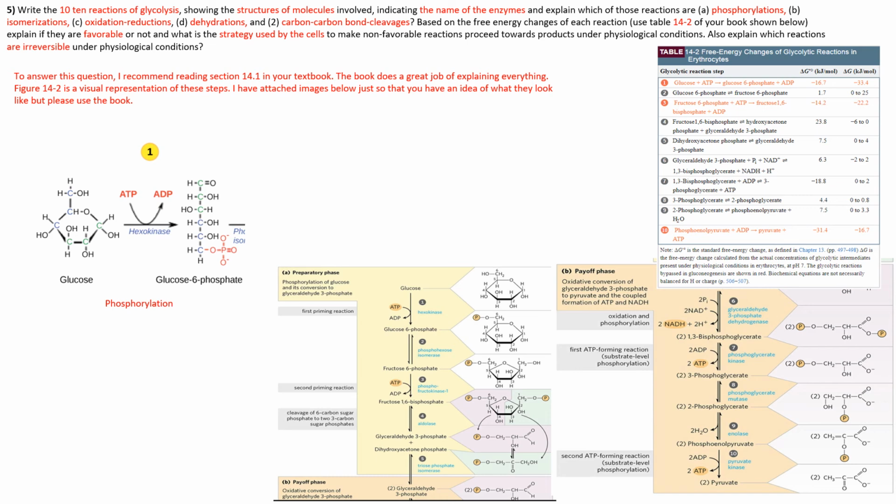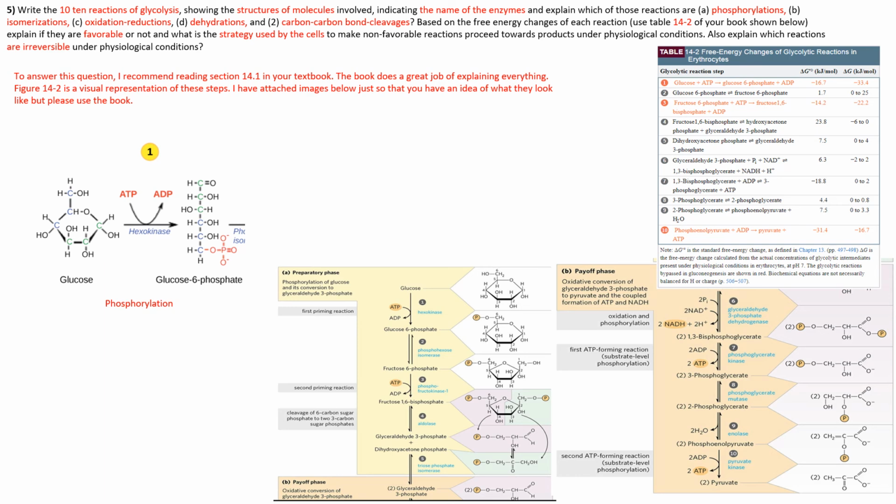Okay, so number 5 is the first step of chapter 14. So 14.1, that's what section you'll be able to find this information in. Write the 10 reactions of glycolysis, showing the structures of molecules involved, indicating the name of the enzymes, and explaining which of those reactions are A, phosphorylations, B, isomerizations, C, oxidation-reductions, D, dehydrations, and E, carbon-carbon bond cleavages.